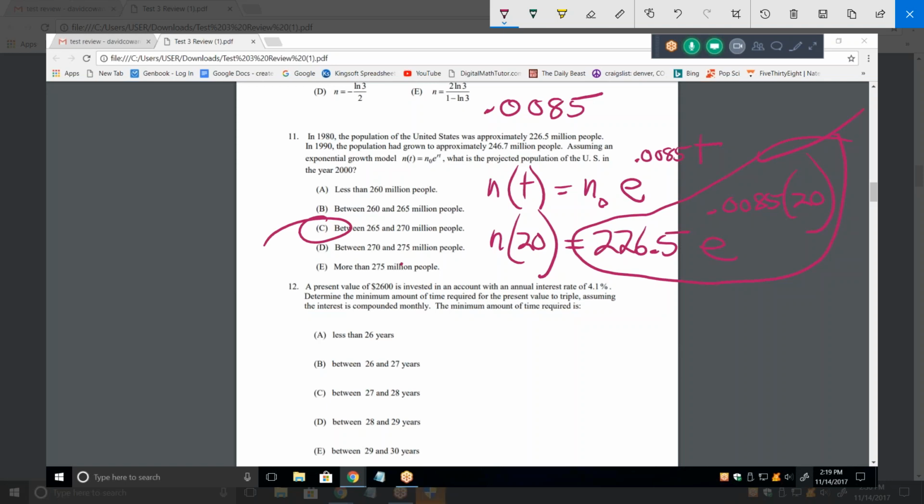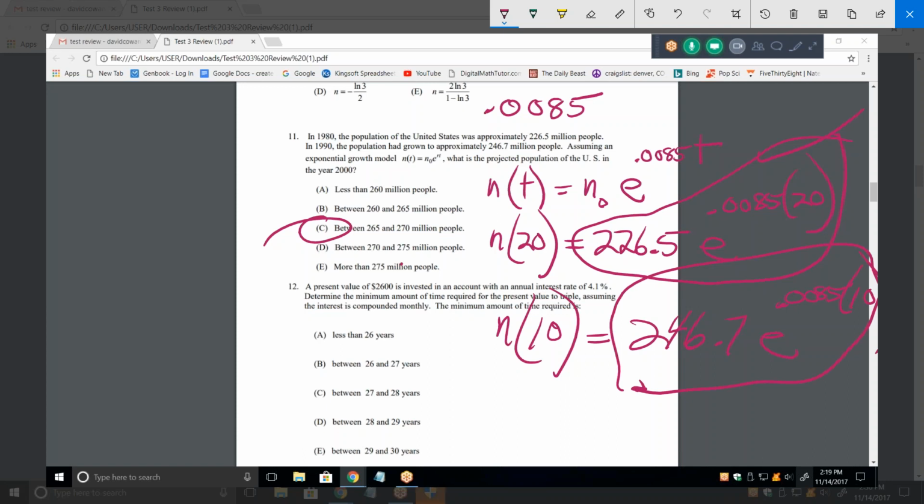And that would have been the same thing as n of 10, only my starting would have been 46.7 times e to the 0.0085 times 10. If you look up, this number should be the same as what you just got. Not that you need to do it, but just to let you know.